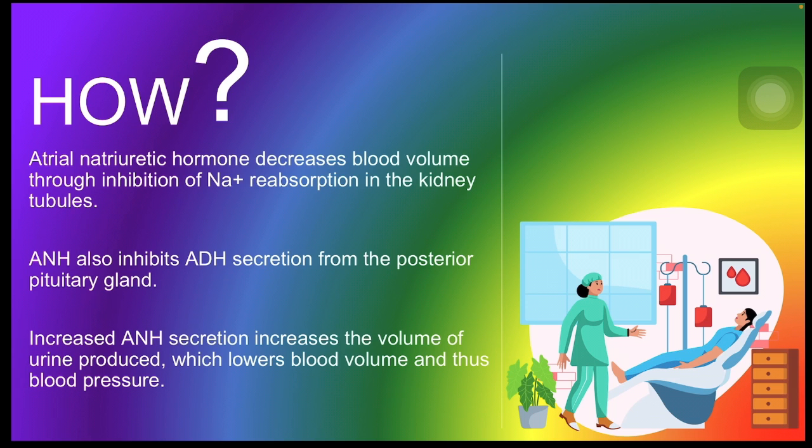Other notable effects of ANH, it regulates ADH secretion. Last, increased ANH secretion increases the volume of urine produced, which lowers blood volume and thus blood pressure. So increased ANH is proportional to the urine produced that causes the blood volume to decrease and also decreases the blood pressure in the process.